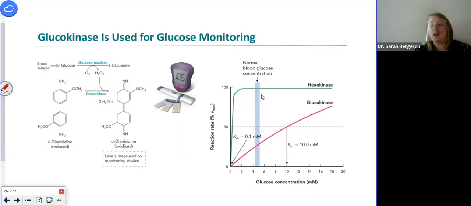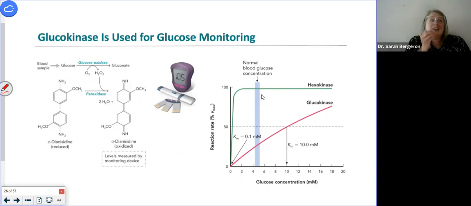But look at glucokinase. Is glucokinase the same? No. Glucokinase has a much higher Km, which means it has a much lower binding affinity. Why would you want it to have a lower binding affinity? Well, you only want glucokinase to be active if you've eaten a lot of sugar, right?